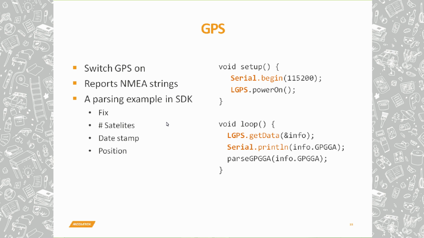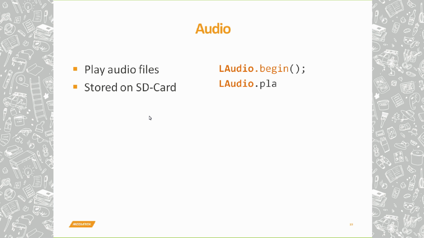Right. So the next example is audio. Again, very easy to use. First, you have to initialize it by laudio begin, and then you can call laudio play file. You have to select which storage you're using. So if you use the flash storage, the onboard storage, or if you use the SD card, and then you have to configure the file name you want to play back.